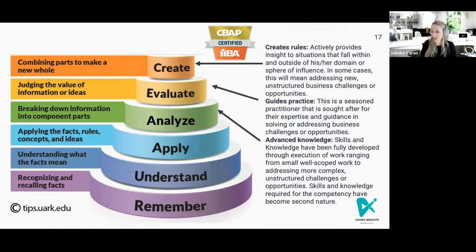And then obviously breaking down, so advanced knowledge, they expect you to know how to use tools. And so you have to know things like financial analysis. You have to know things like use cases, user stories, data analysis. All of these things, you're expected to be able to break down a case.